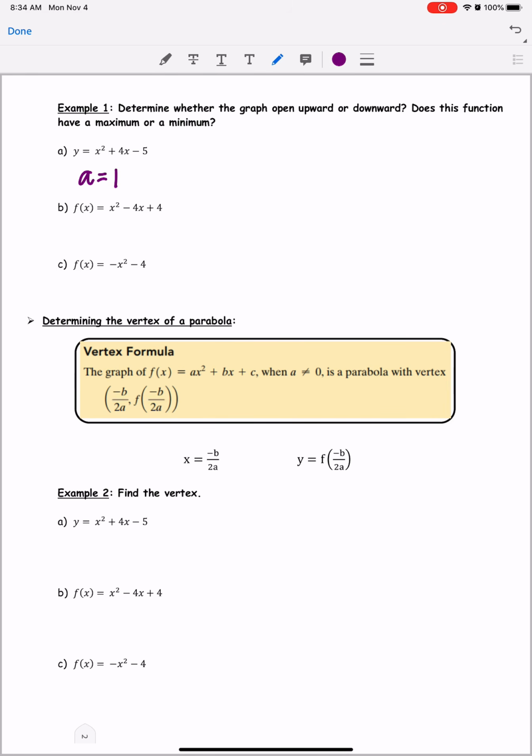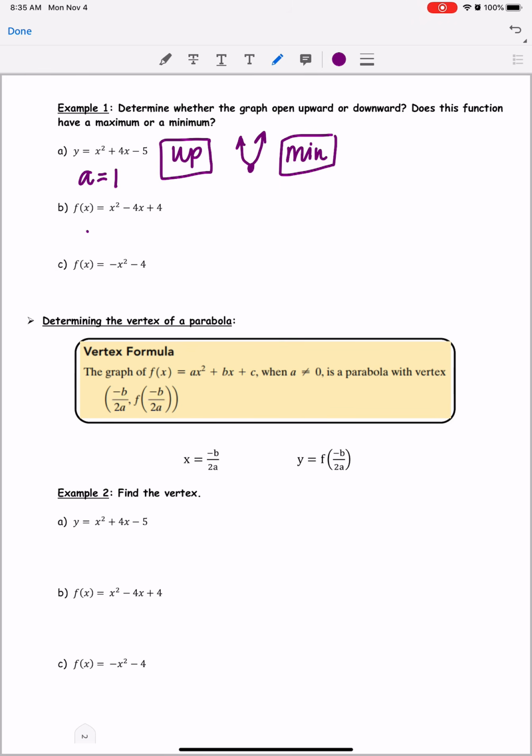Because a is a positive 1, this is going to open up. When it opens up like this, we can see down here it has a minimum. Okay, and those two will always go together. If it goes up, it's got a minimum.